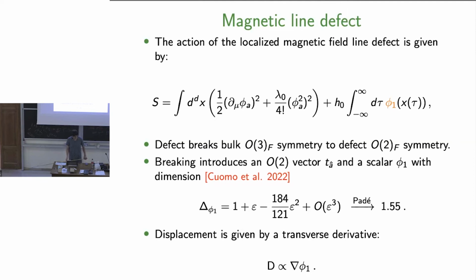And I should also say that, as I said, the logic was to go from the very general to the more specific. But in a sense, this model, and in particular the paper by these people, was what motivated us to study this system. The reason is that this line defect seems to be a very interesting model that seems to be related with a lot of actual condensed matter systems that one can measure in experiment, that one can see in the laboratory.